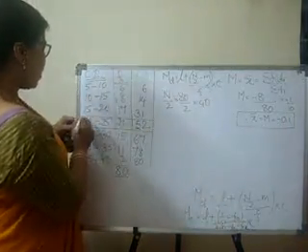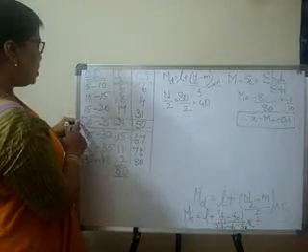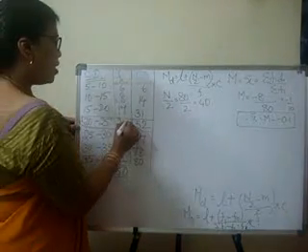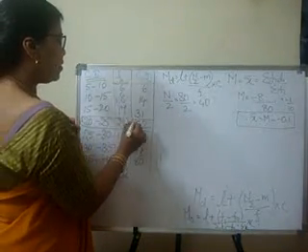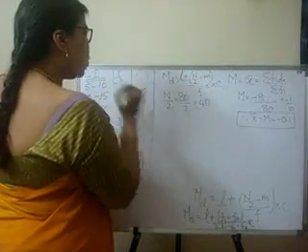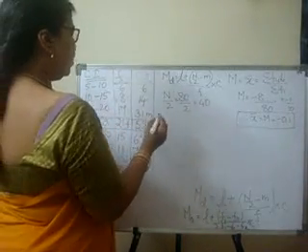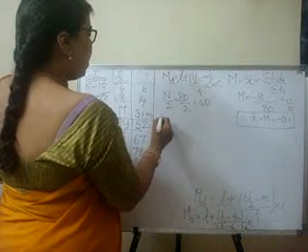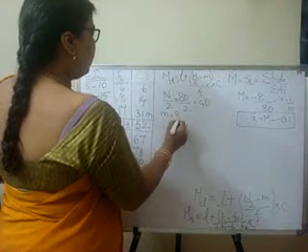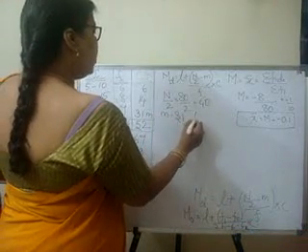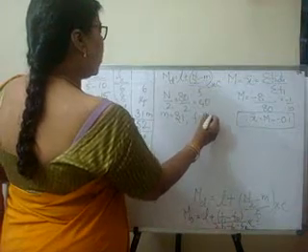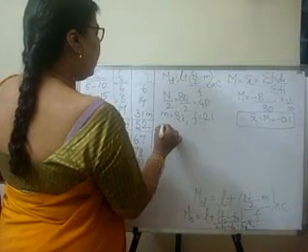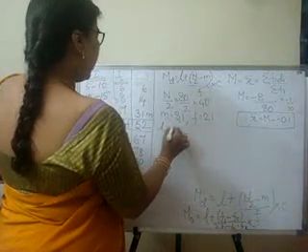So this 20 will be your lower limit, this is your frequency, and this is your cumulative frequency. So n by 2 is equal to 40, m is equal to 31, frequency is equal to 21, and your lower limit is equal to 20.